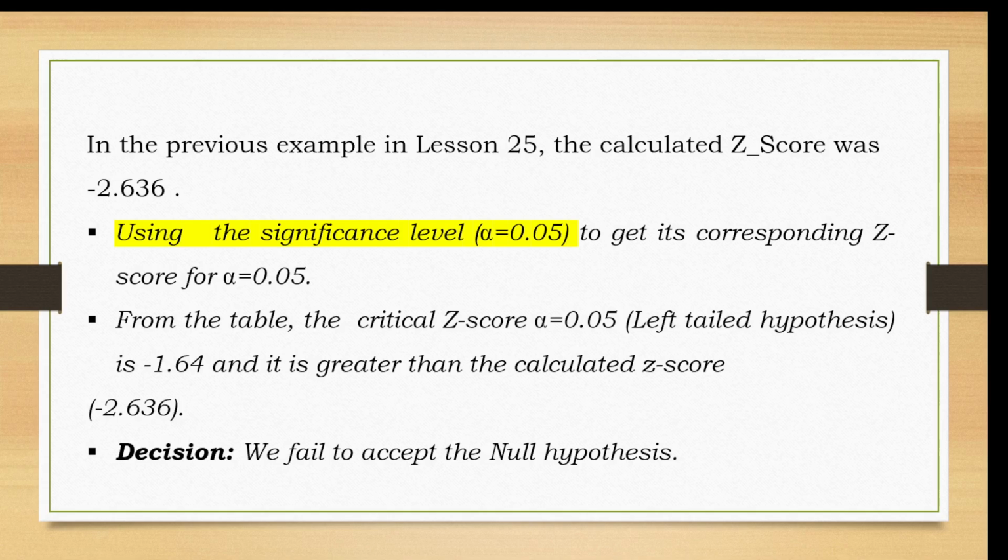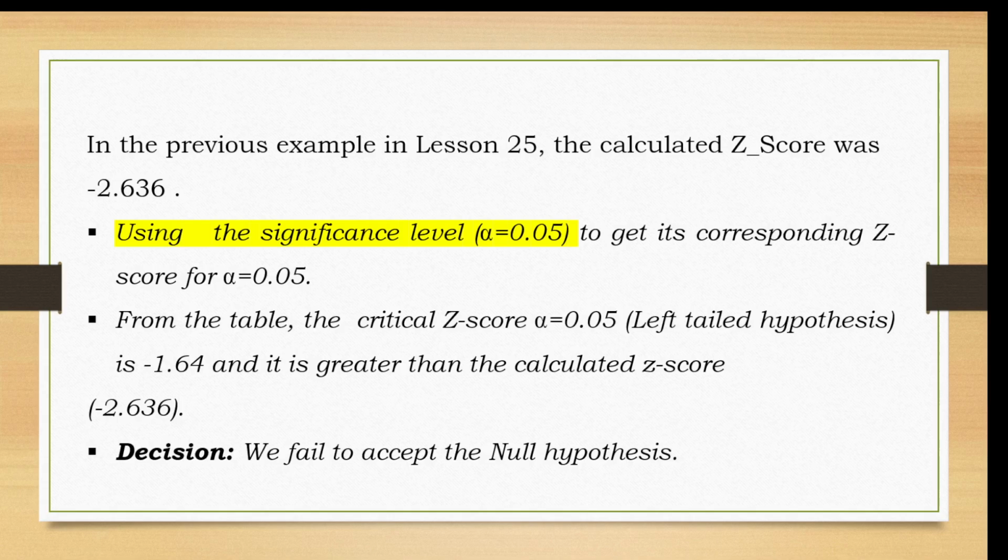The minus sign tells you that this Z-score is below the mean, which is 0 in the standard distribution curve. Using the significance level alpha of 0.05, we're going to get the Z-score associated with this alpha.